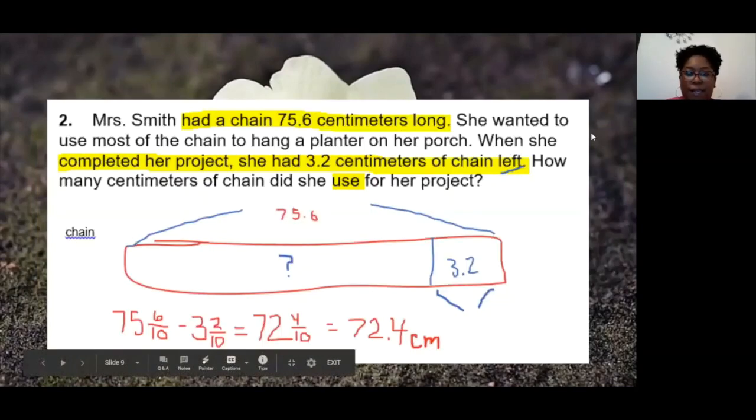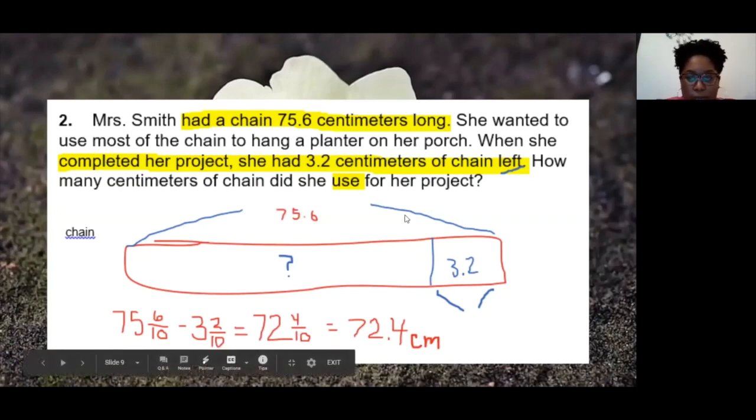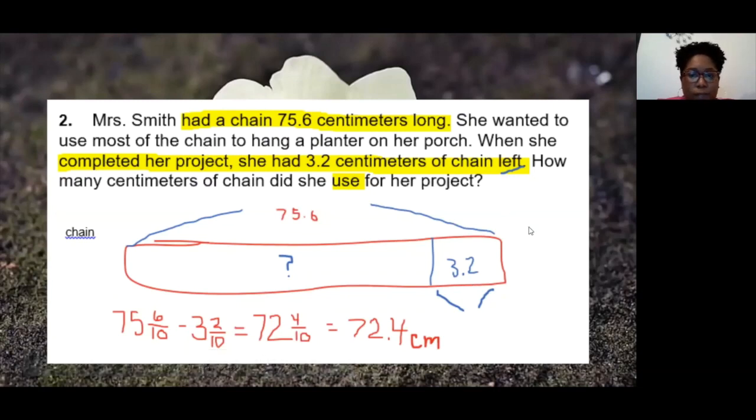Okay. Once again, take a look at all of the work here. Were you able to come up with 72 4/10 centimeters? Okay. Let's work through it. We know we're looking for how many centimeters of chain did she use for her project.